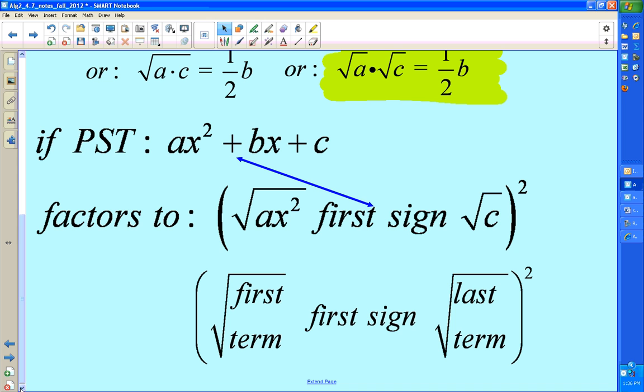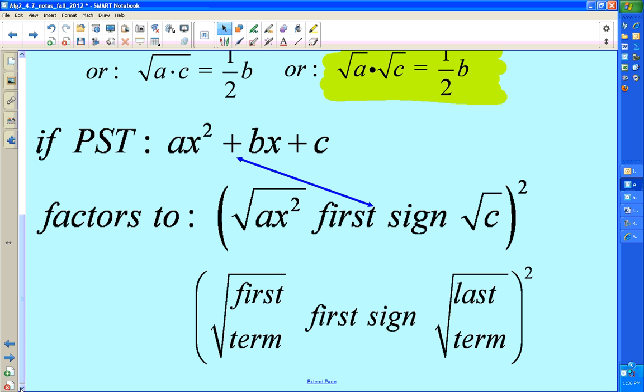Now, because you're not familiar with these, some of you may be thinking, well, what about bx? What happened to the b? It's gone. Remember, this is a binomial square. We've talked about this over and over again. I've never had a class that knows how to square a binomial before. Everyone in the room.